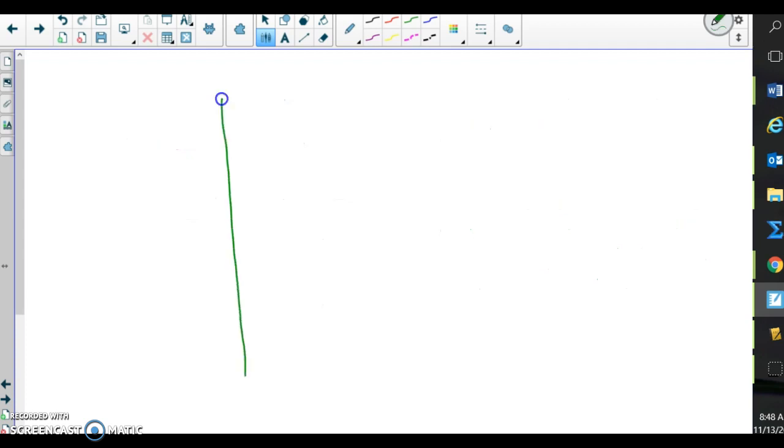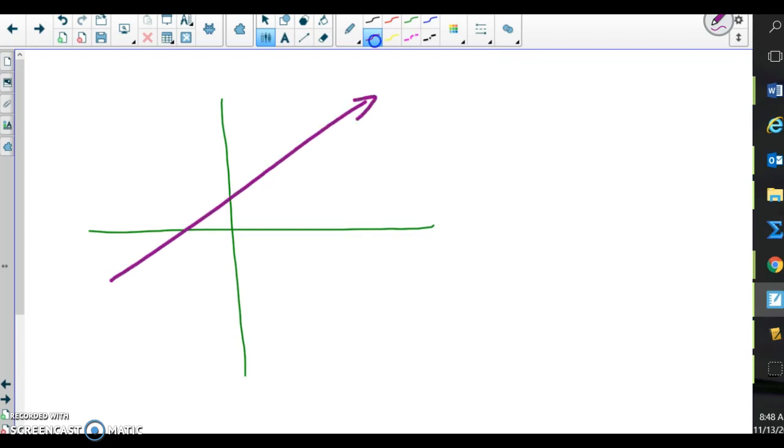Two more quick ideas to consider. When we're looking at the graph of a line and we see that the graph is rising from left to right, we know that this has positive slope and positive correlation from our scatter plots.